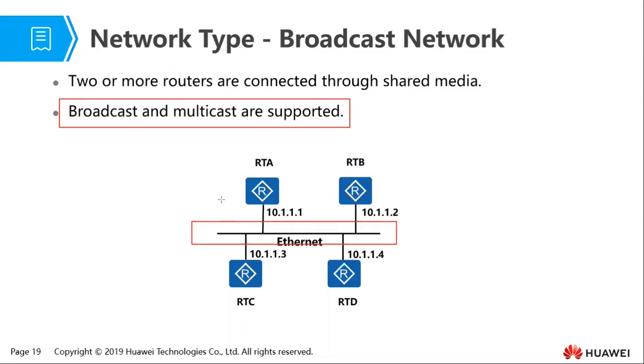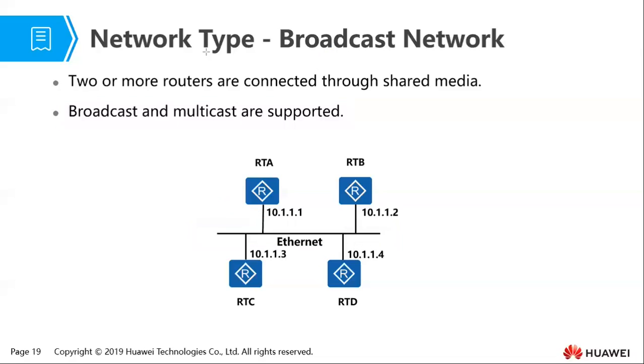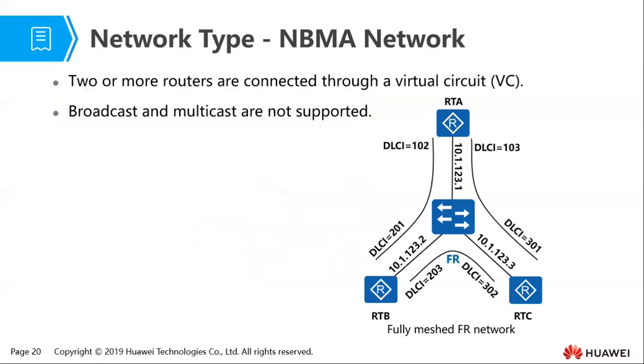Now, most of the time, when you use an Ethernet cable to interconnect routers, they are automatically thought of as being a broadcast network type in OSPF. So while serial cables take point-to-point, Ethernet takes the broadcast network type.